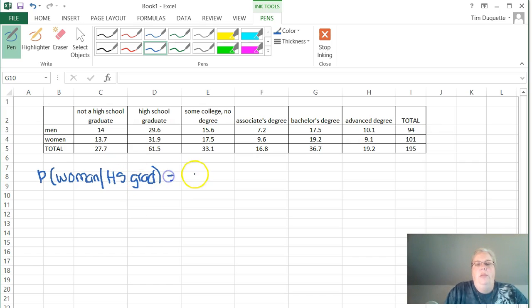Now, according to the formula, we should be looking for the probability of woman and high school grad divided by the probability of a high school grad.